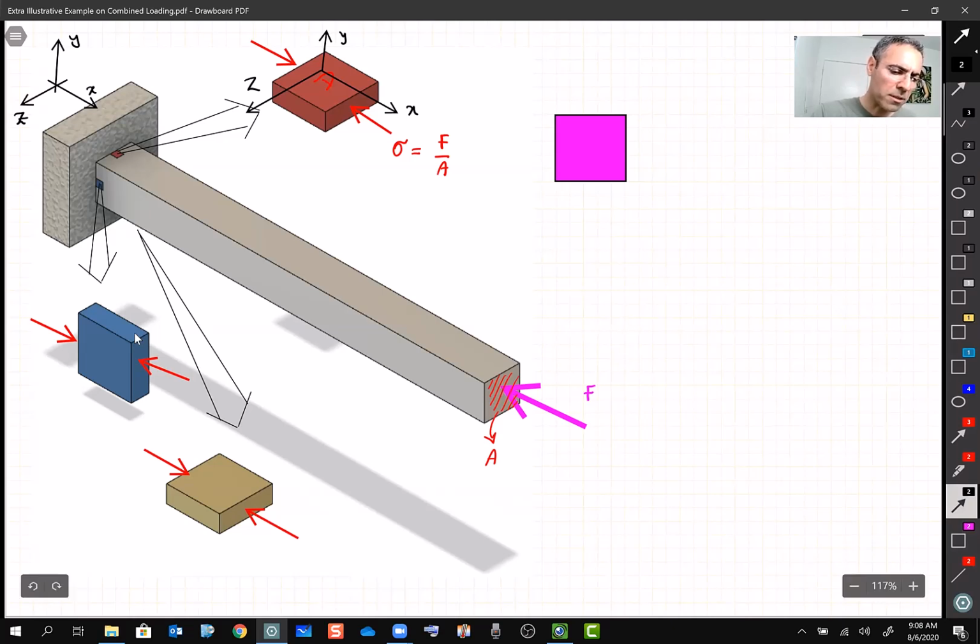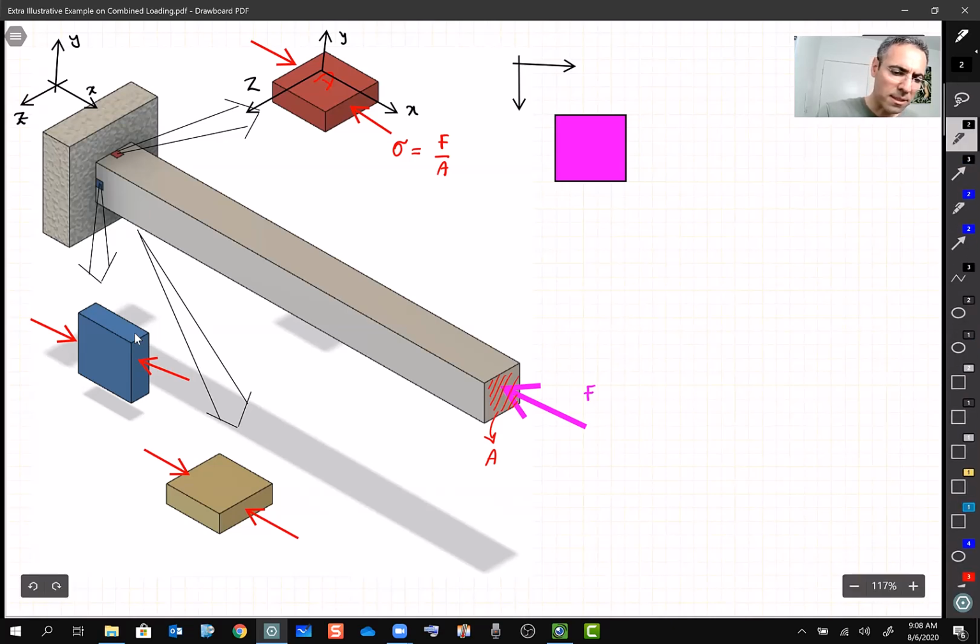If I'm looking from the top view, then this is going to be X, and this is going to be Z. So this is X, Z. Remember, this is letter A. We are looking at point A, and this point A is over here, and we're looking from top.